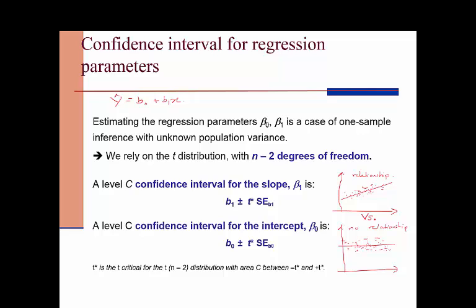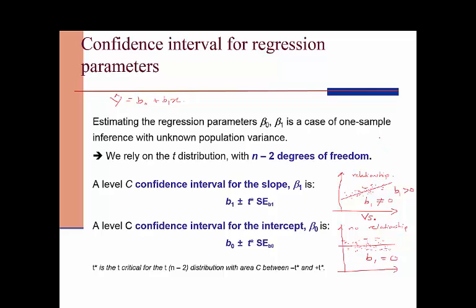What is the gradient of this line? B1. In this case, the gradient of that line is 0, right? And in this case, the gradient of that line is not equal to 0. Well, in this example, it is in fact strictly bigger than 0, right? It's positive, the gradient.